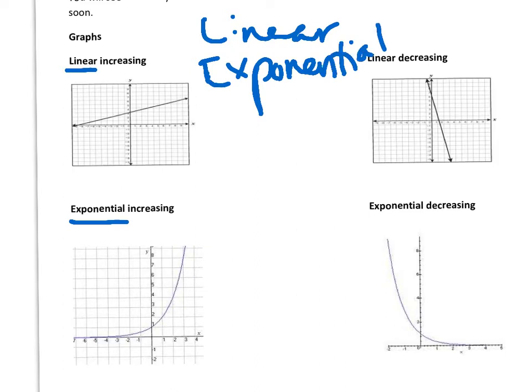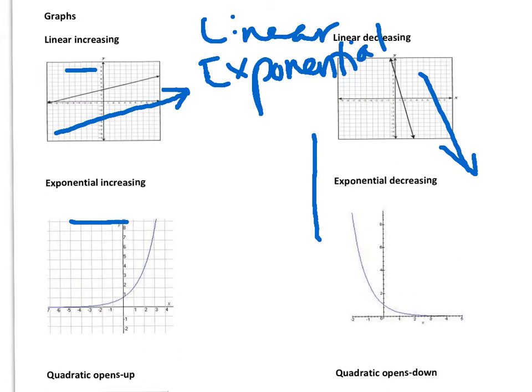Then we're dealing with an increase or a decrease. Linear increasing is going up and to the right. Linear decreasing is going down and to the right. Exponential increasing we have right here and right there.